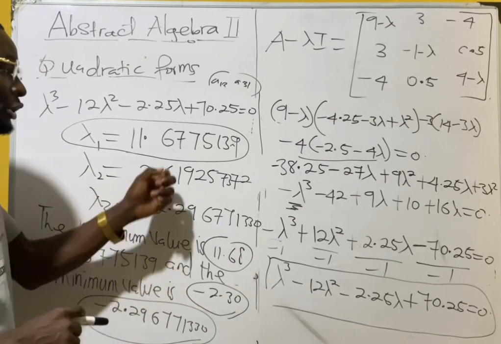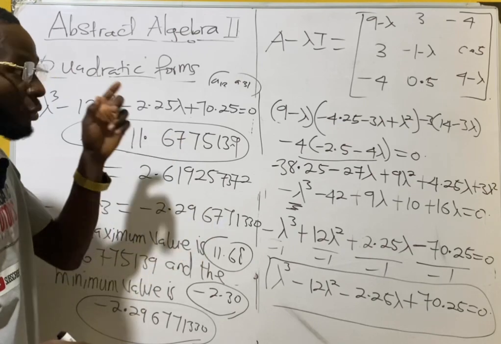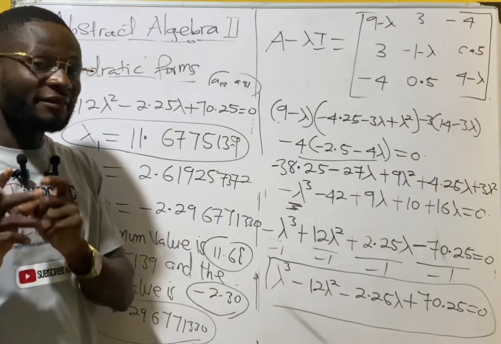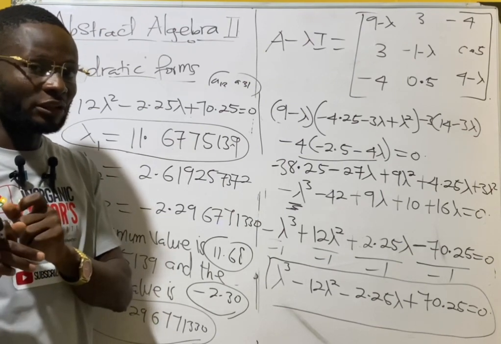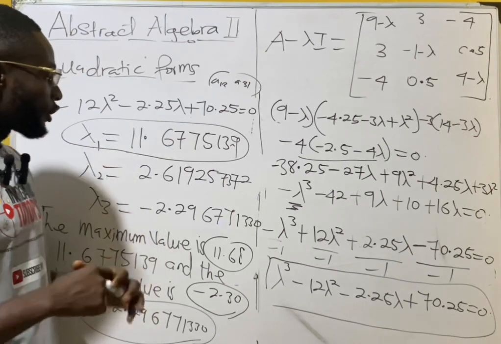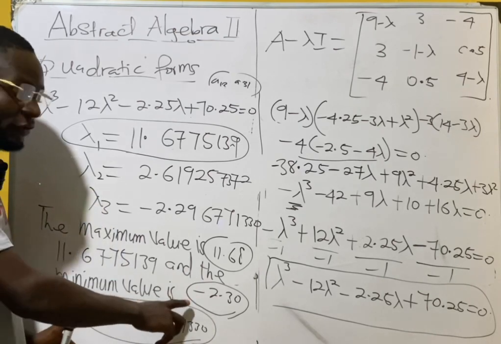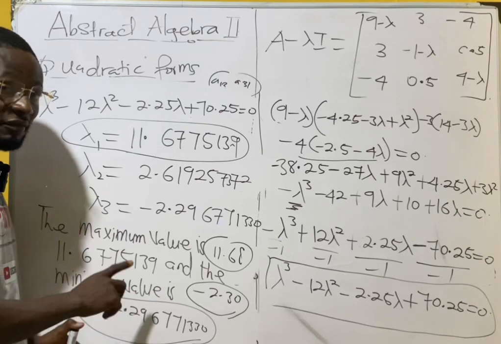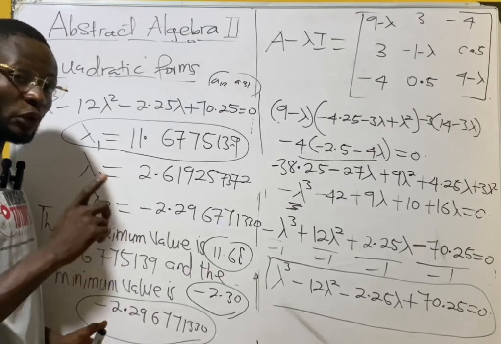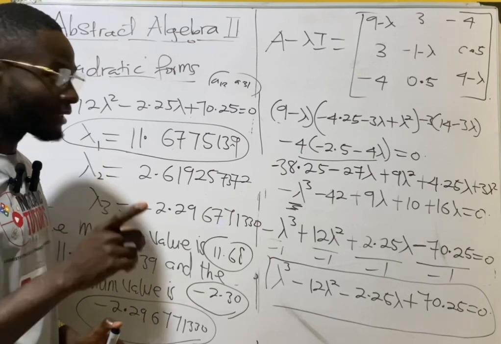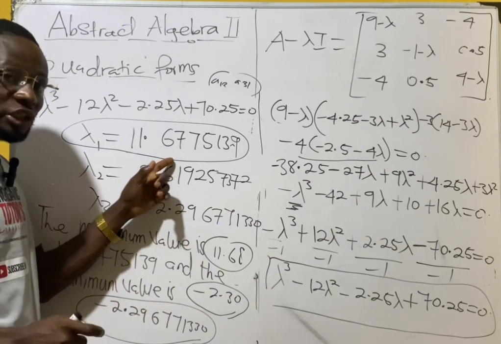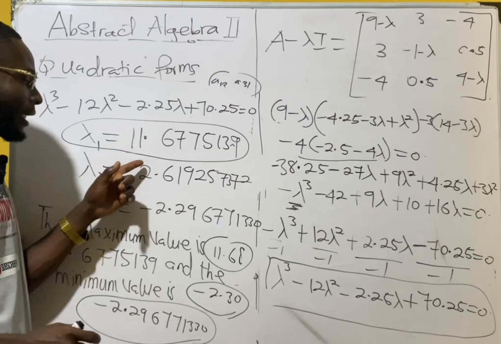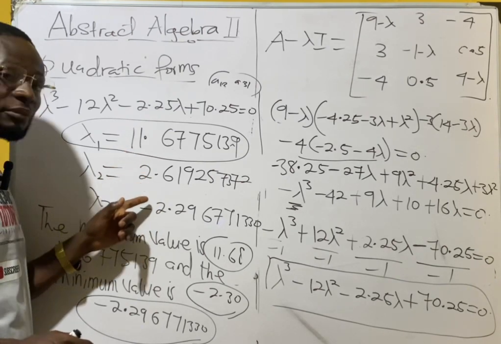But make sure that you use the full value when you are computing the eigenvectors. Otherwise, you have different values for the eigenvectors. Let me mention it again. You can round your maximum value and your minimum value, but note, if you are going to find the eigenvectors, make sure that you use the original value that you had for the maximum value and the original value that you had for the minimum value.